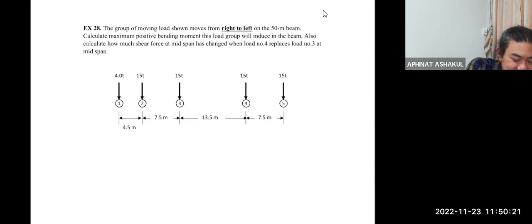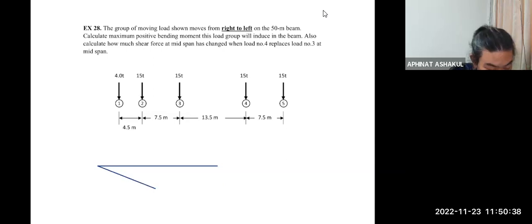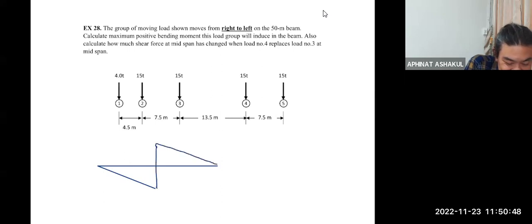We talk about midspan and the shear, the influence line of the shear at midspan should look like something like that.